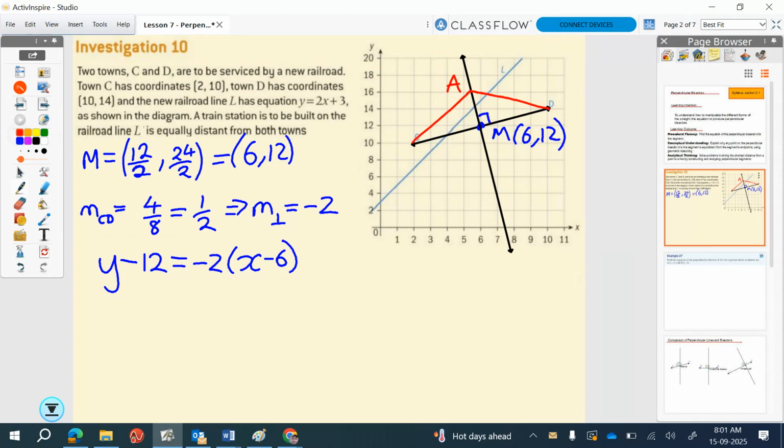And the whole point in this is we are trying to find where this line intersects the line L. And we're given the line L. The line L is given in the question. So we need to find where that line that we've just made intersects with this line here.